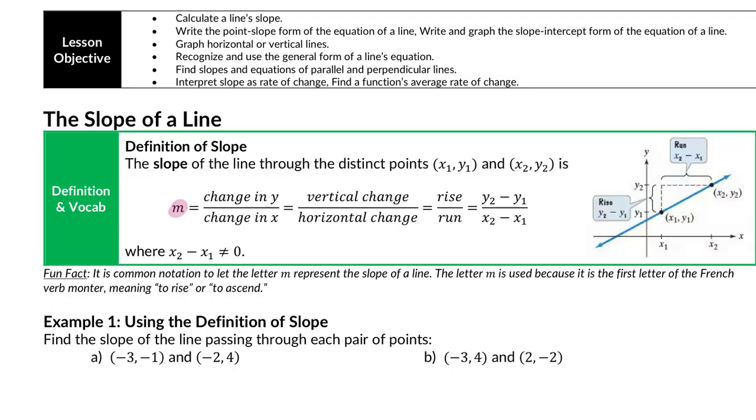So we are talking about how much we're going up or going down per unit change. But the slope is just the change in the y's over the change in the x's, aka the vertical change over the horizontal change, aka the rise over the run, aka the formula y2 minus y1 over x2 minus x1.